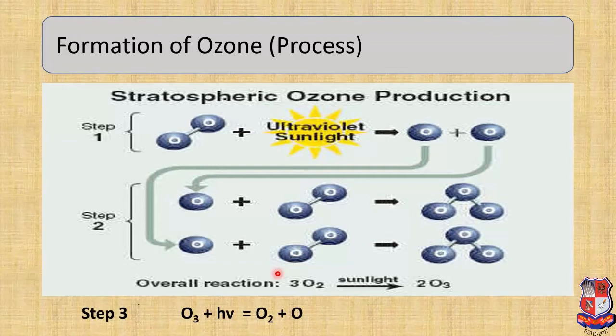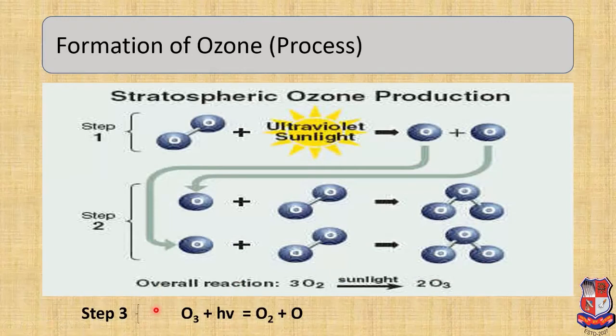Now, in the stratosphere, the formation and destruction of ozone is a continuous phenomenon. Here, the given process diagram of ozone formation helps us to understand the formation of ozone in an easy way. As we can see from this flow diagram, in the first step, the UV radiation splits the oxygen molecule, that is O2, into oxygen atoms. In the next step, this released oxygen atom reacts with molecular oxygen to form ozone molecules.